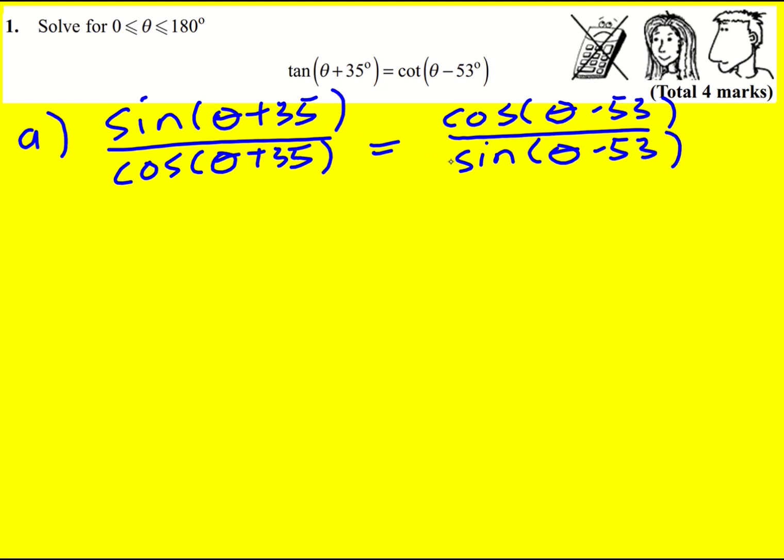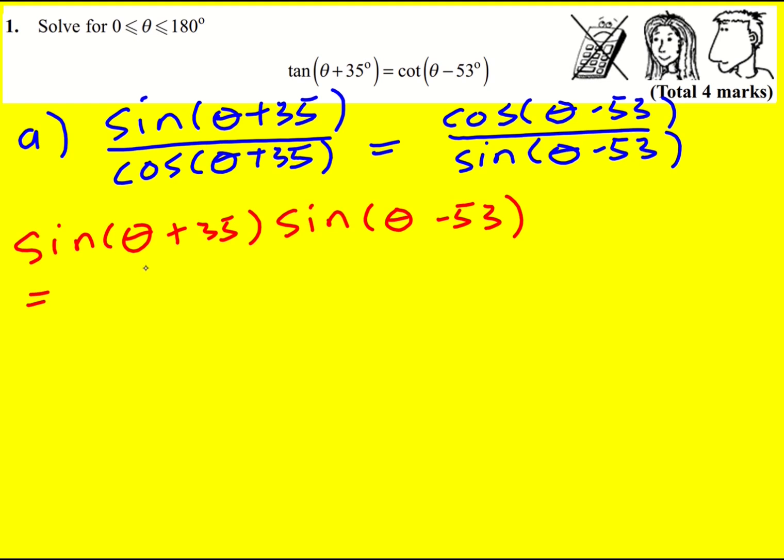Now, if we cross multiply, we'll get sine of theta plus 35 times sine of theta minus 53 equals cos of theta plus 35 times cos of theta minus 53.